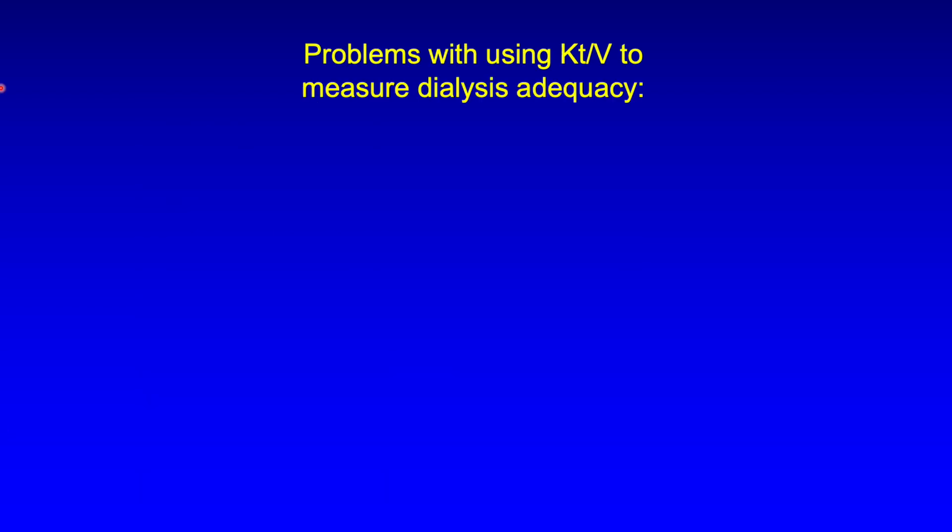So this sounds simple enough, but of course there can be problems with using a single parameter like KT/V to measure dialysis adequacy. And I'm just going to list a few of them for you so you get some idea. First of all, the KT/V formula tends to overestimate dialysis adequacy for small people and for women.